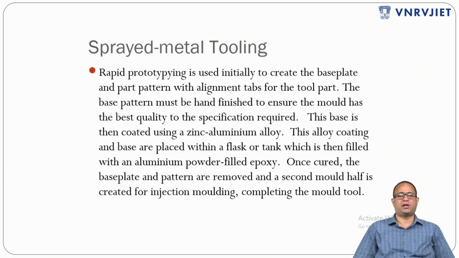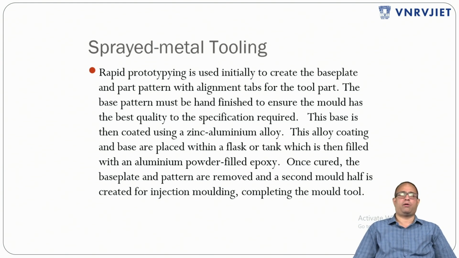Next, sprayed metal tooling. In this, the pattern is finished to ensure the mold has the best quality to the specification required, and this base is then coated using a zinc aluminum alloy. The alloy coating and the base are placed within a flask or tank, which is then filled with aluminum powder filled epoxy.